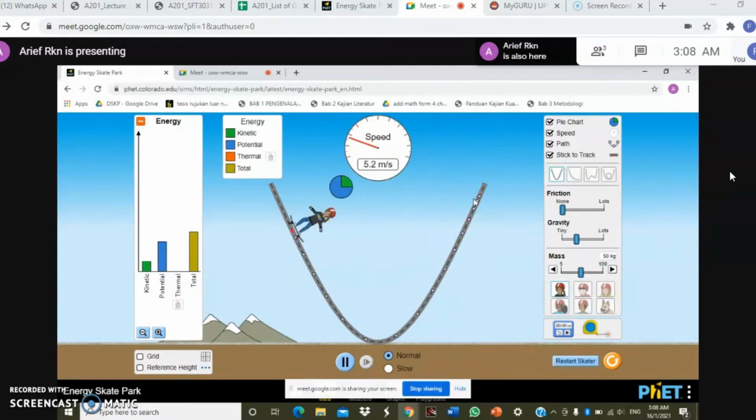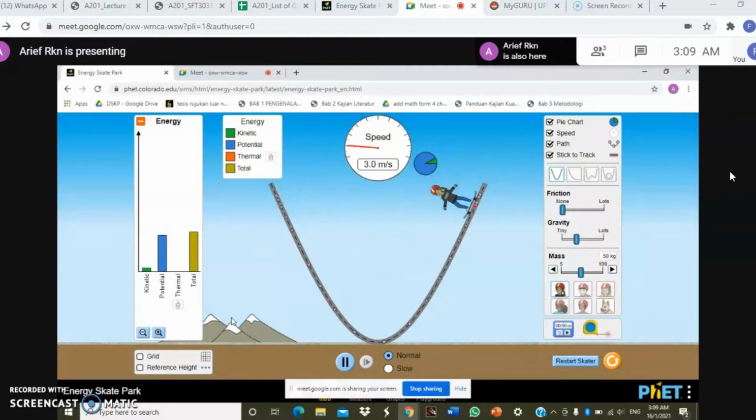So we can see the kinetic energy is inversely related to the potential energy. When the kinetic energy is higher, the potential energy is 0. So we can see the speed. The maximum speed is when the skater is at the bottom of the track.